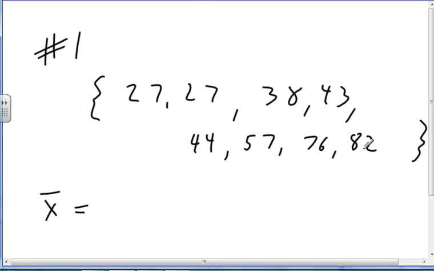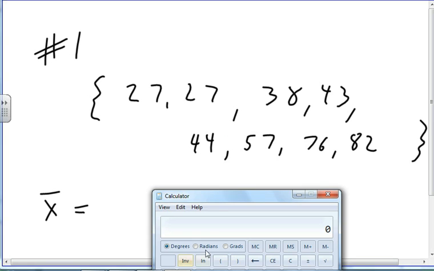82. 1, 2, 3, 4, 5, 6, 7, 8. All right, so we're going to guess 44.